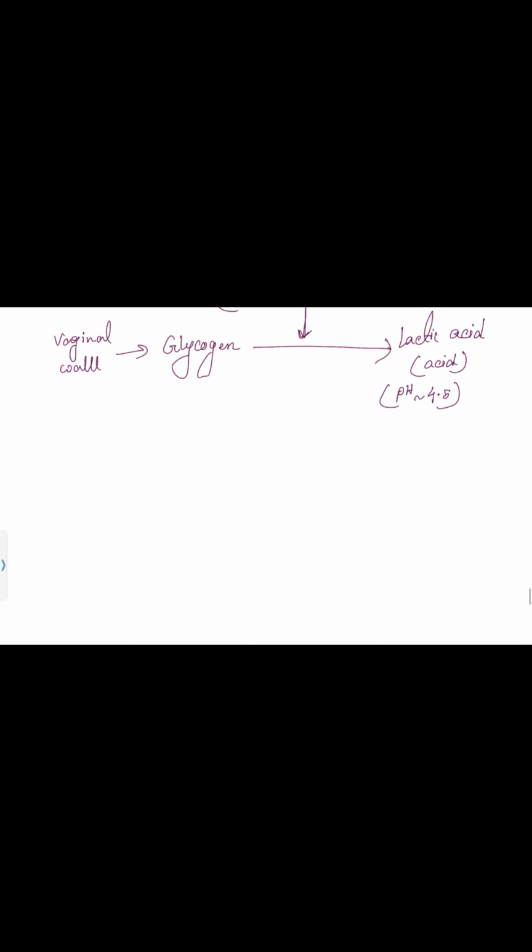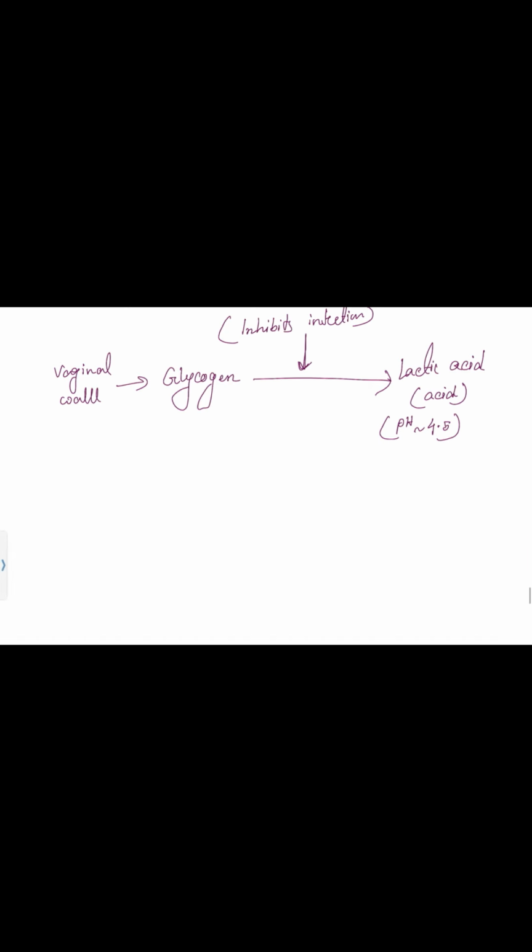This Lactobacillus acidophilus, that means Doderlein bacteria, appears at the time of puberty, and it disappears after the menopause.